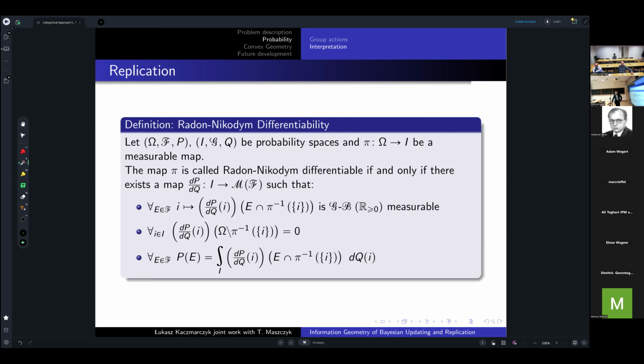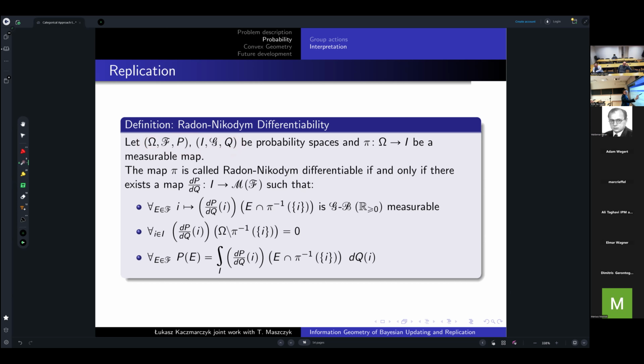For the other part of our group GP, we need to extend the usual definition of differentiability in probability spaces, because it is a bit of a mixture of usual Radon-Nikodym differentiability of measures and measure disintegration. To put it simply, we take into account two probability spaces.